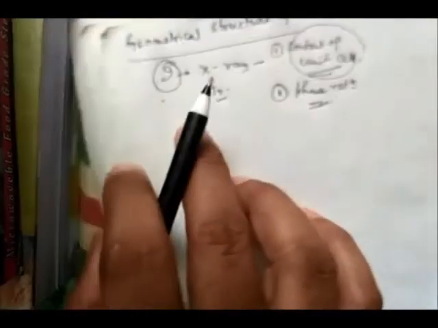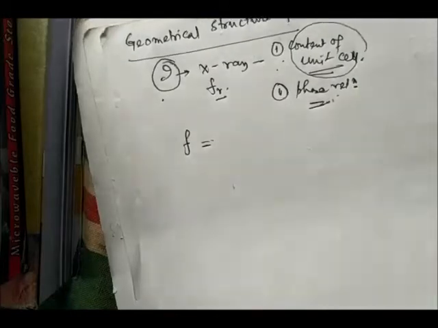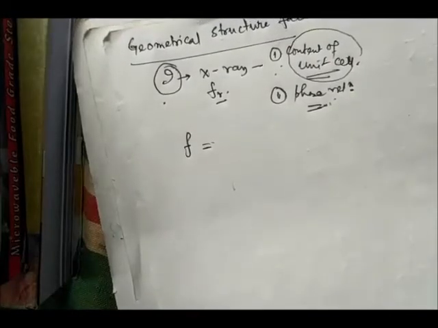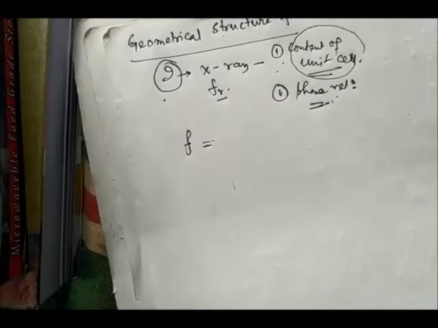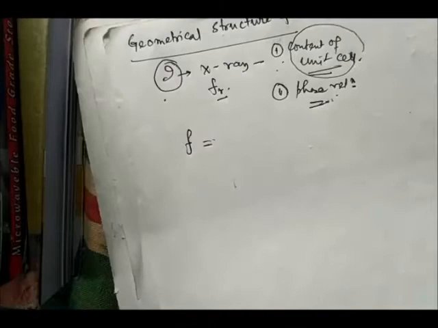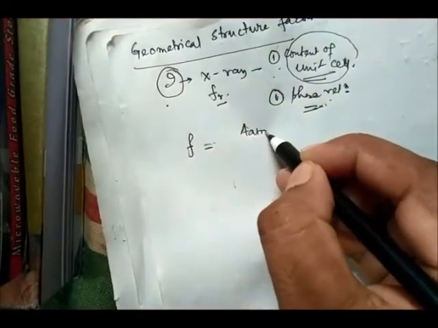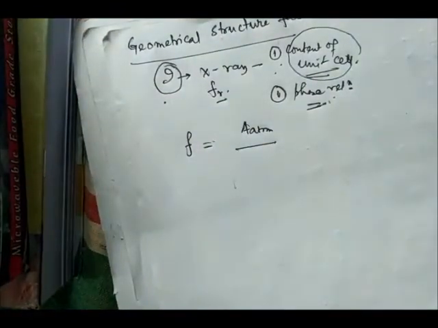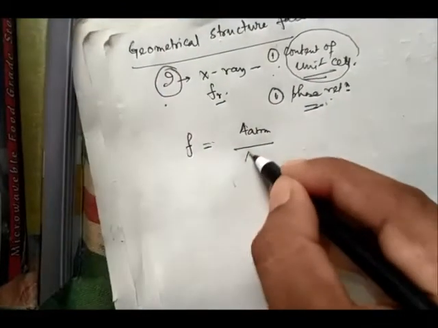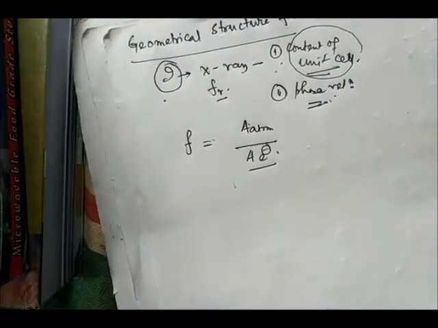You have already learned that the atomic scattering factor is basically the amplitude of scattered radiation by an atom over the amplitude scattered by a single classical electron, right?